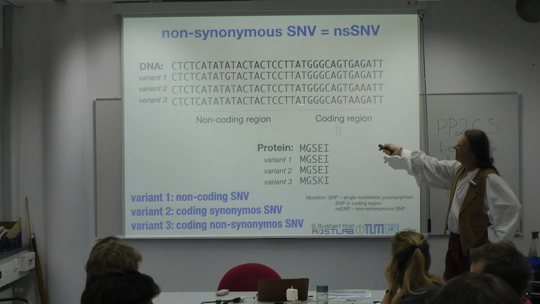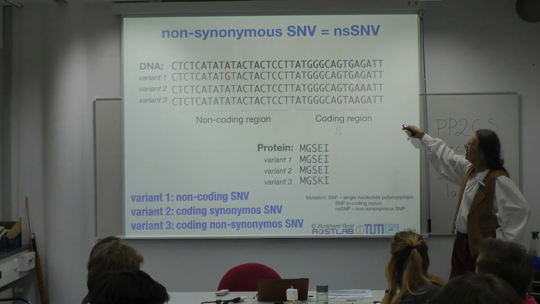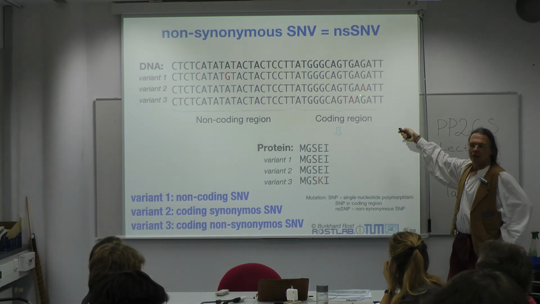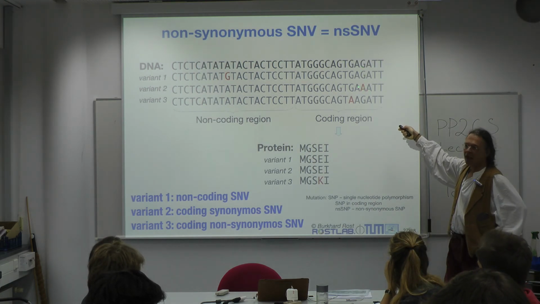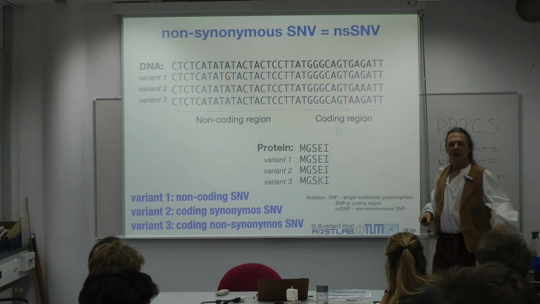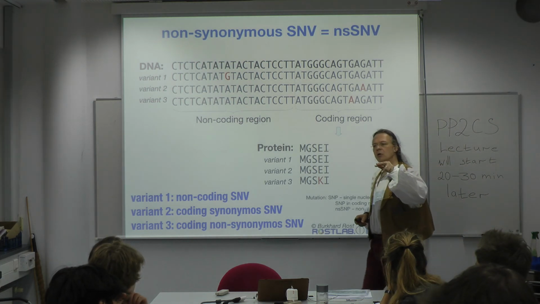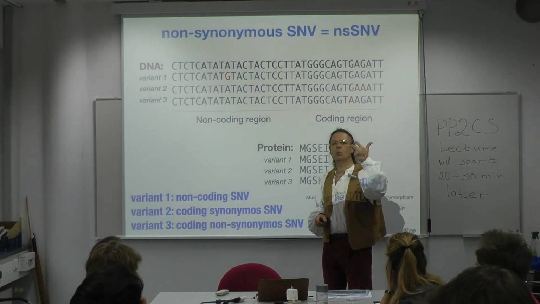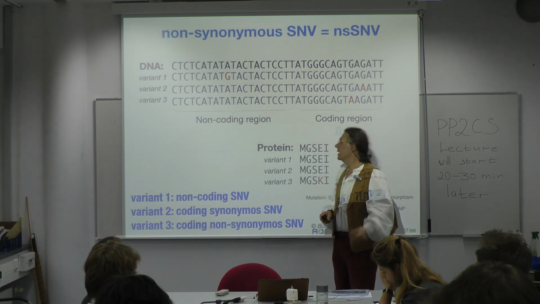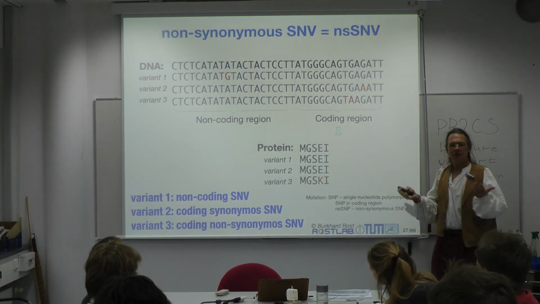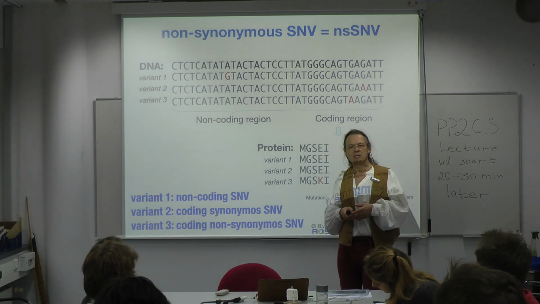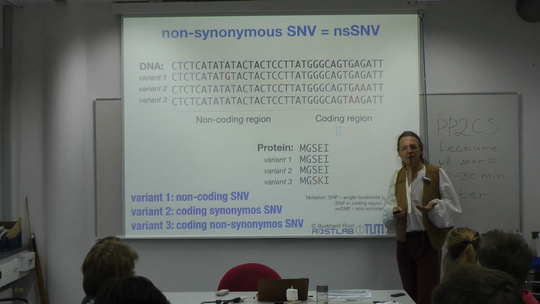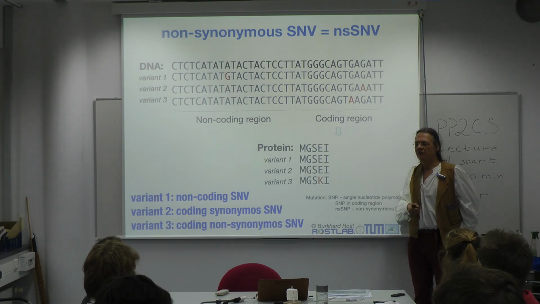Now in variant 2 here, we have a variant in the coding region. But this variant changes the G to an A. Remember, it's always three nucleotides that make one amino acid. And it turns out, since you have 4 different nucleotides, you have 4 to the power of 3, so 64 possibilities.